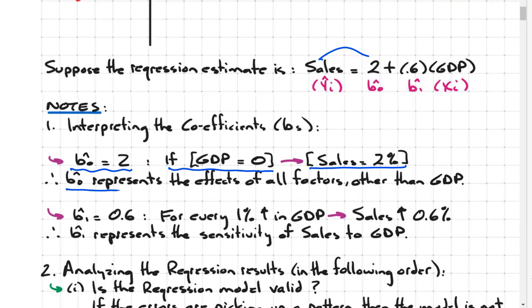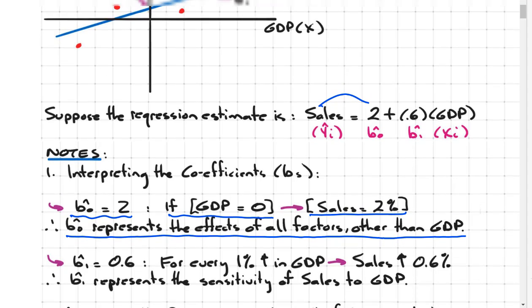Therefore, B0 represents the effects of all factors other than GDP. Now, we have to be able to understand this from a conceptual point of view. Here's the conceptual explanation. The fact is that there are a lot of factors driving corporate sales. We know that, right?